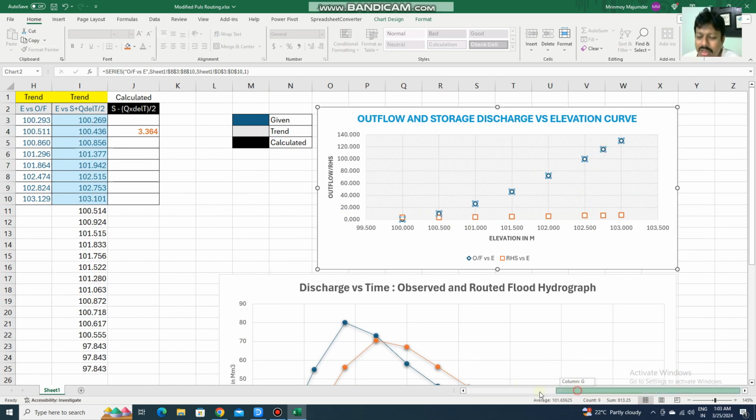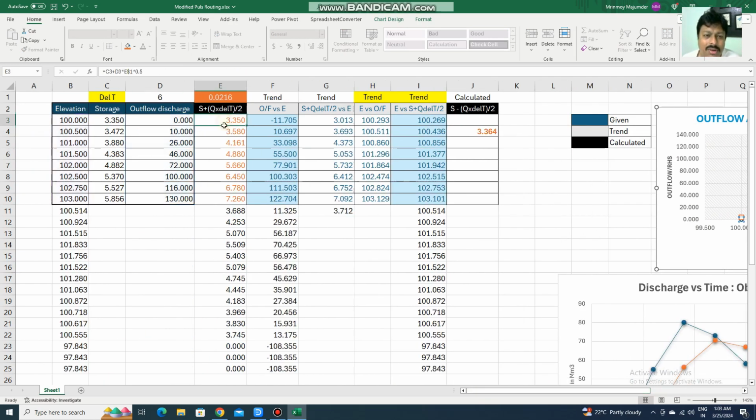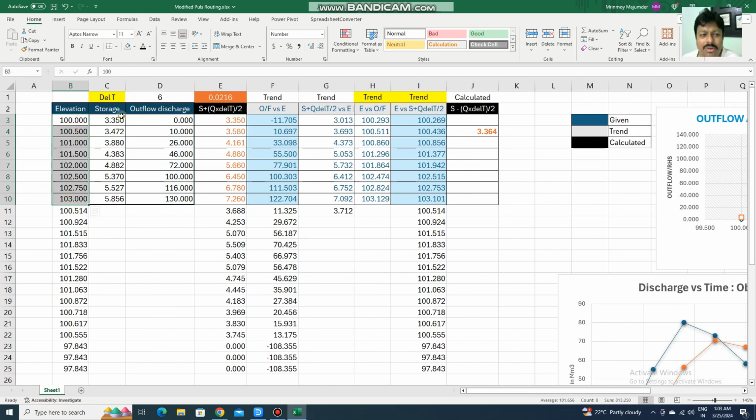Second one will be this column versus the elevation column. The same elevation that you use for drawing the outflow discharge versus elevation curve will be used to draw this one also.